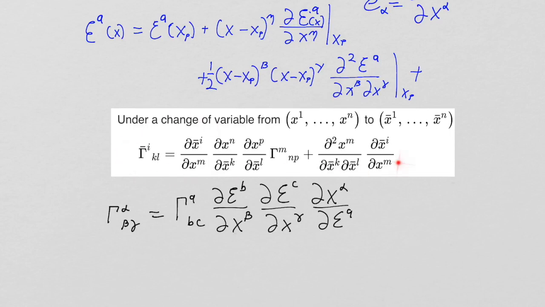But this whole transformation is obviously not a tensor expression because you have this part right here. So I want to talk about that for a moment, but let me just write down the non-tensor part, which I'll put in red.